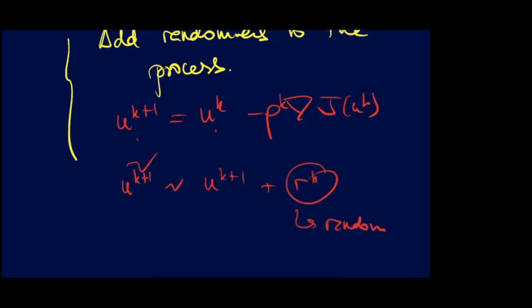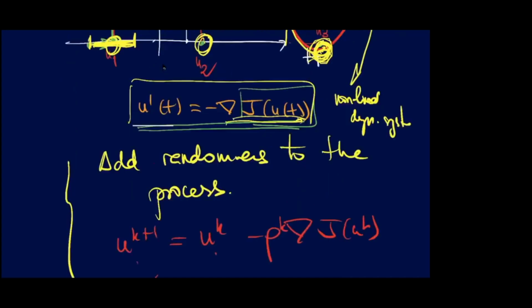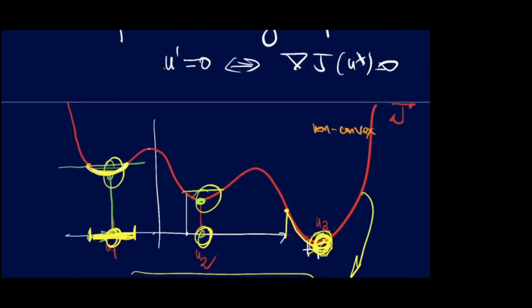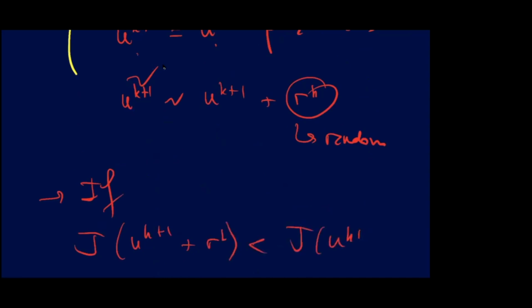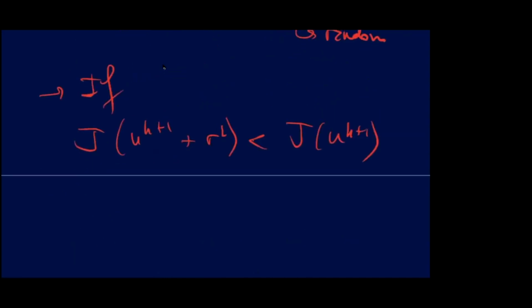Then, at every time step, you will be improving your guess, but also allowing yourself, if you are lucky enough to jump into another well, to do the following: if J of u_{k+1} plus r_k is less than J of u_{k+1}, then in your iteration you will replace u_{k+1} with u_{k+1} plus r_k, the new well that you have discovered that is deeper.